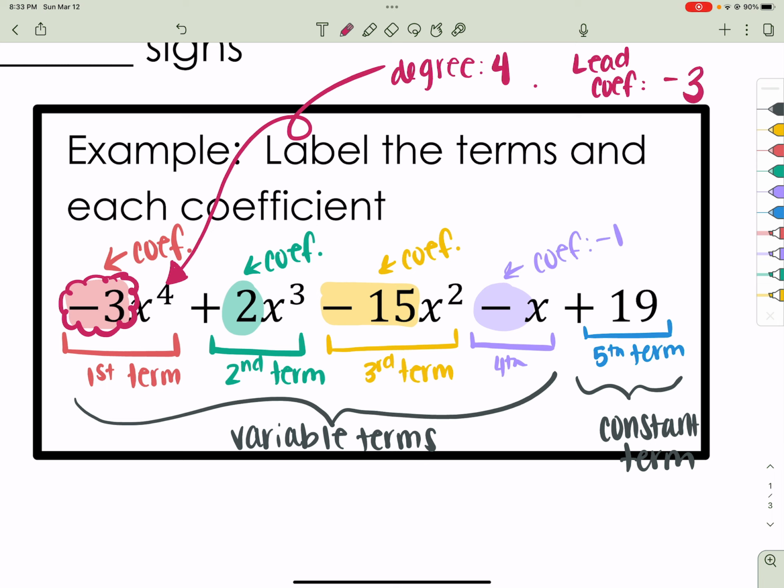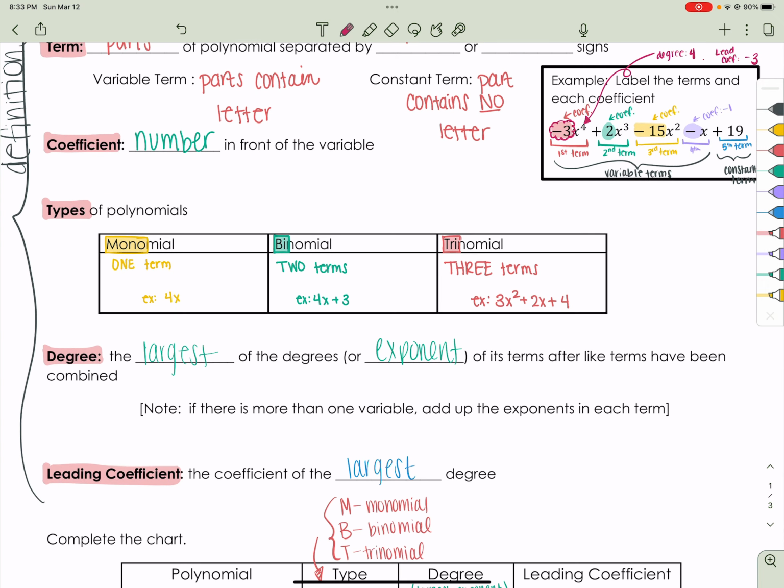Now we're going to do a couple more examples, but that gives you more specific examples for all of these definitions. And so that is a nice big overview of polynomials.